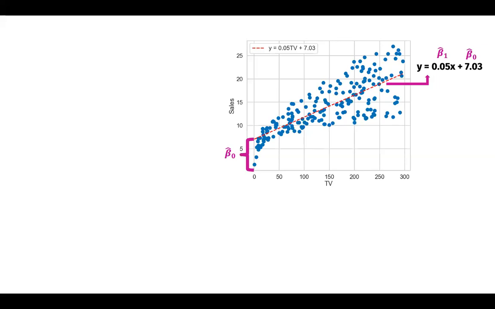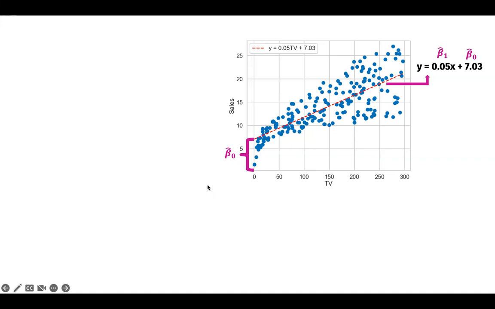So suppose we have this plot. This is simply a plot of the TV versus the sales. As we increase the advertising budget for the TV, we can see that the sales is also increasing. And we can see here that with the addition of the beta naught or the bias, there is an additional value here, right?